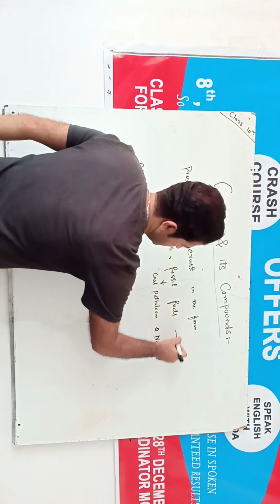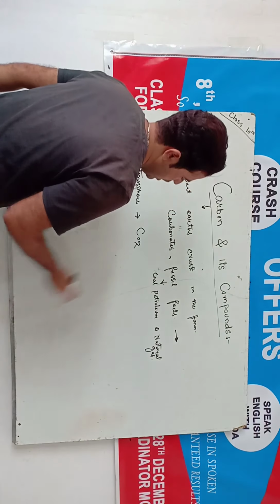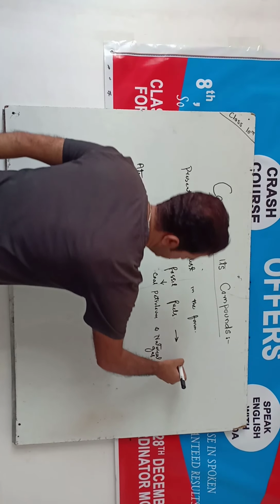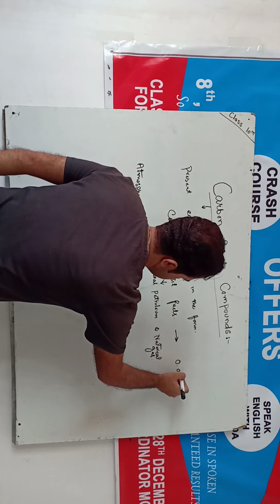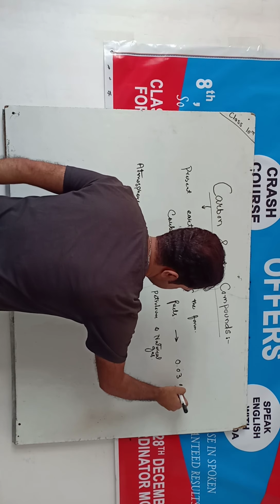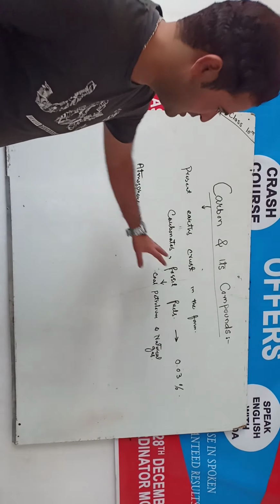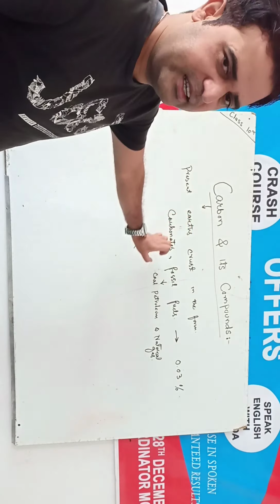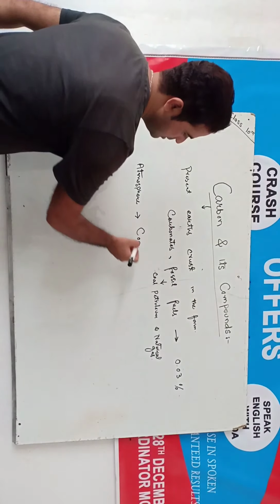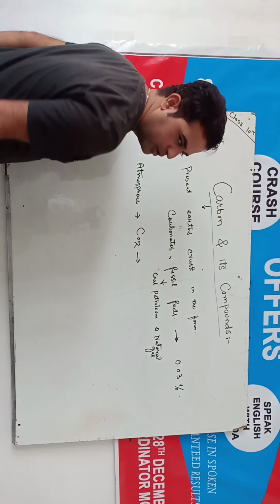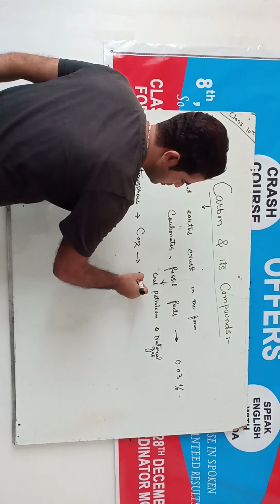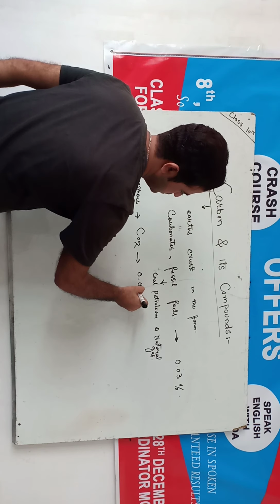In the Earth's crust, the percentage of carbon is almost 0.03%, and the percentage of carbon dioxide in the atmosphere is almost 0.02%.